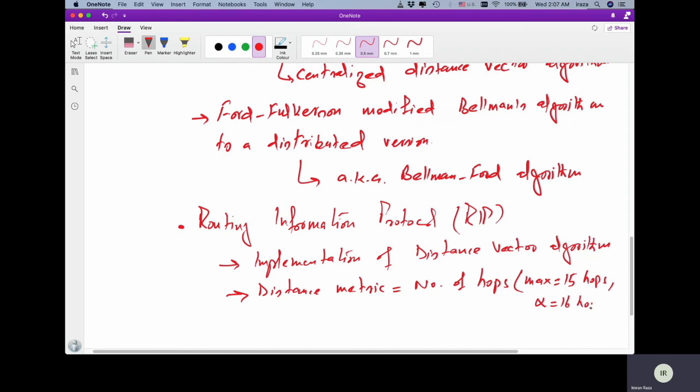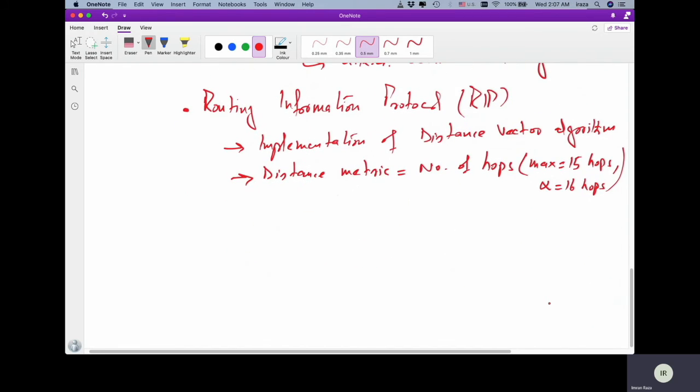So 16 hops represents infinity, and we use this number to handle the count to infinity problem by poisoning the reverse path, right?